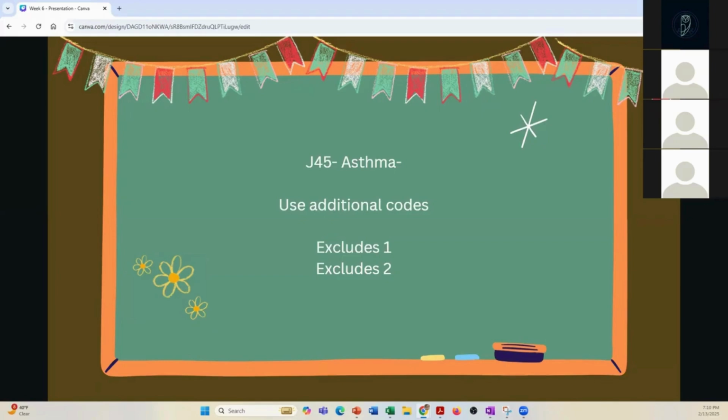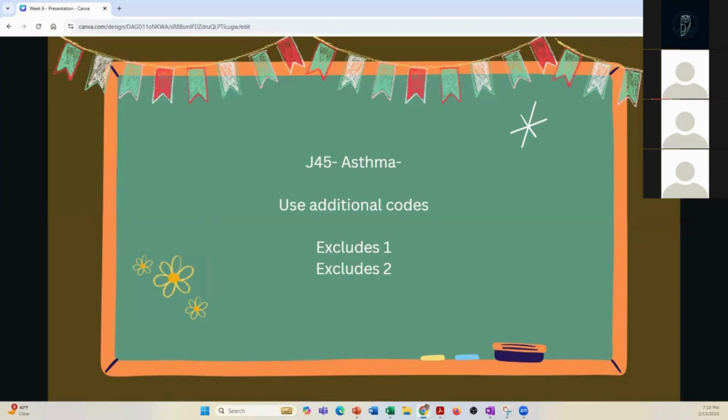Going back to the same example, pretend you were coding a report and the code you got to was J45.99 for other asthma. That's your main code. After you code it, you would go back and look at the Excludes1 there. Any of the codes in the Excludes1, like detergent asthma, J69.8, or miner's asthma, J60, those 4 codes cannot be coded with J45.99.